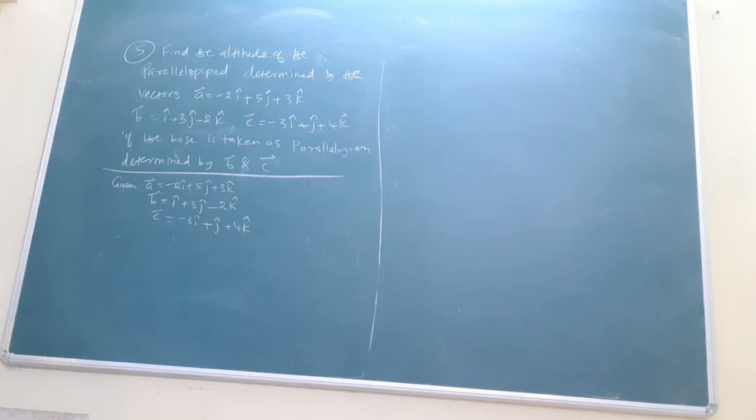Box product A comma B comma C. First find the volume of the parallelepiped, then the area of the parallelogram. The volume formula is base area into height. That's the formula, L B H. Product of L into B is the base area.